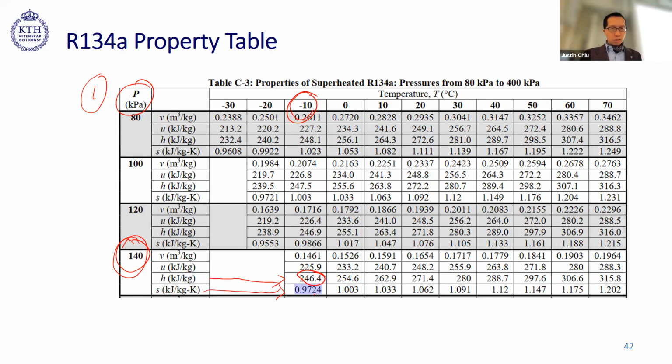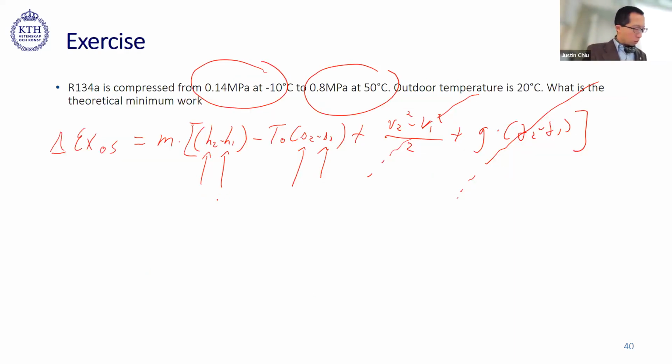So now we just need to write this down. So H1 is 246.4 kilojoule per kilogram. And then S1 is 0.9724 kilojoule per kilogram Kelvin, right?